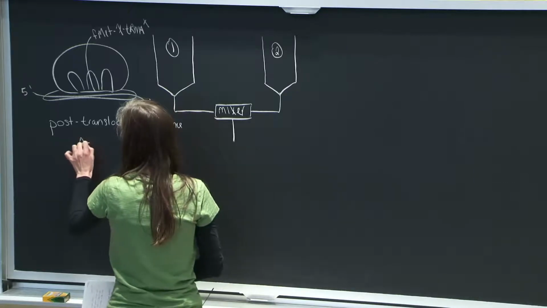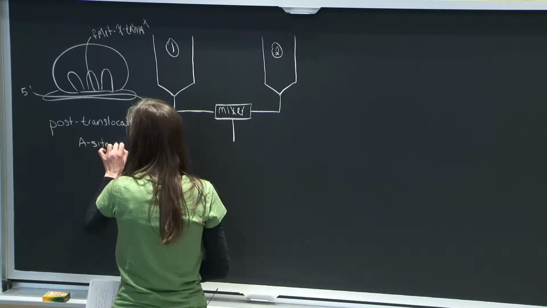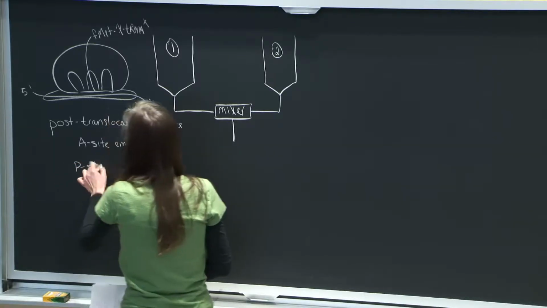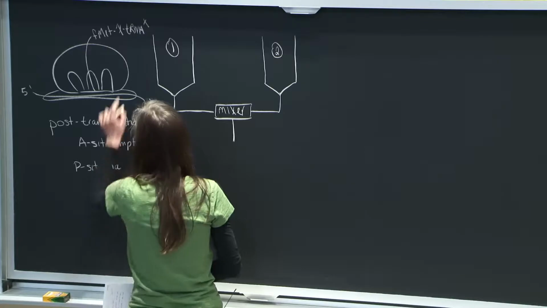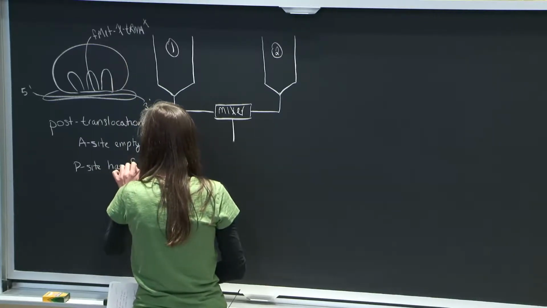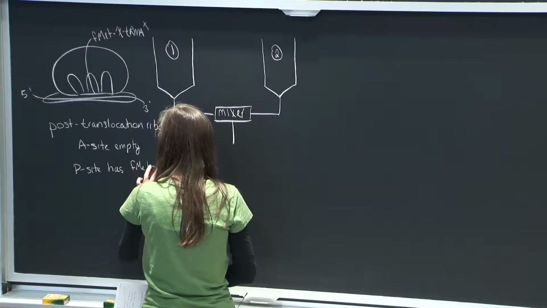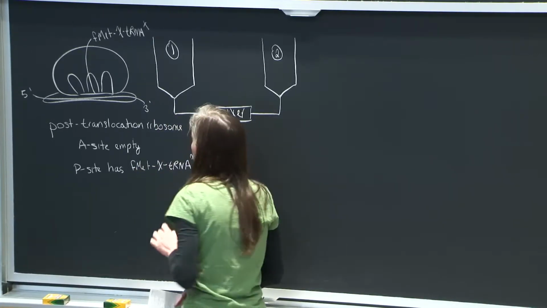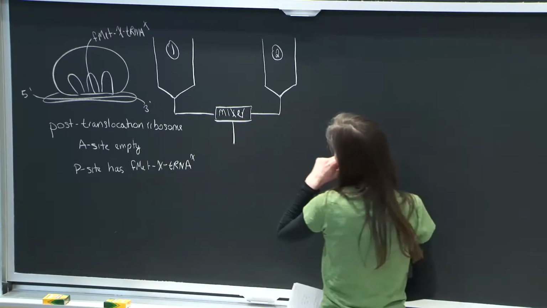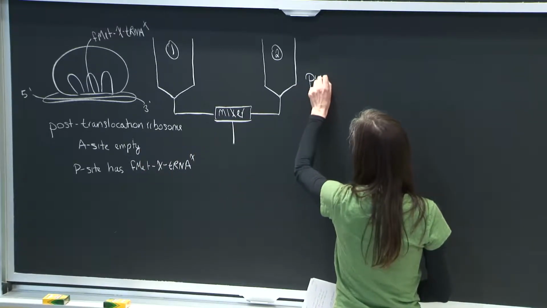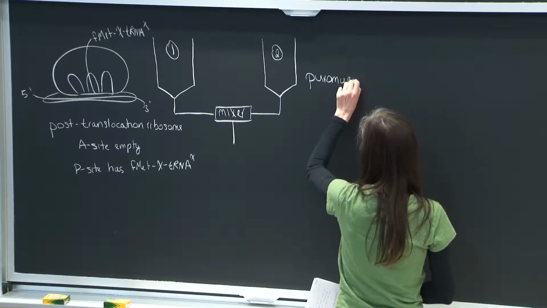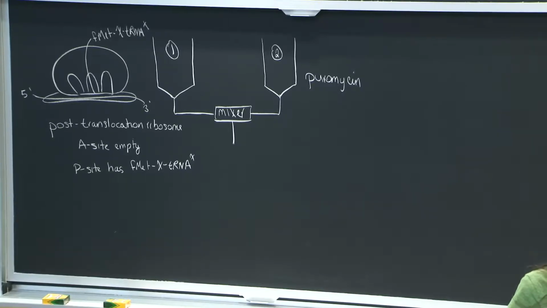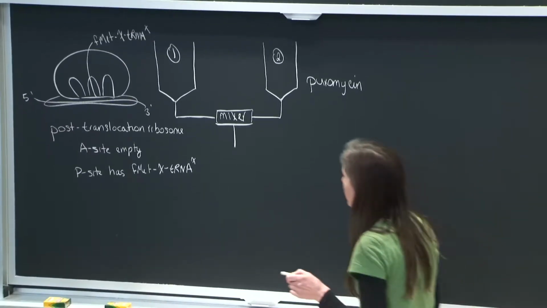The A site is empty, and the P site holds the dipeptide attached to the tRNA. And then in syringe 2, we're going to have puromycin. So before we get to EFP, I'm thinking about how we're going to look at that in this reaction and what it does.